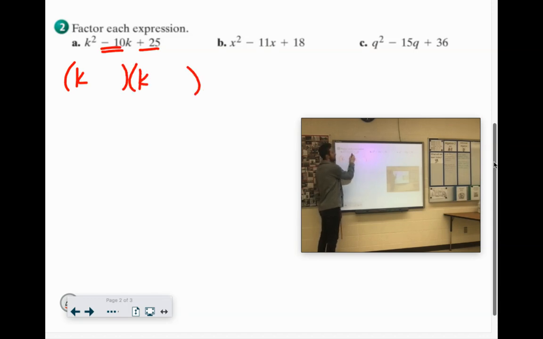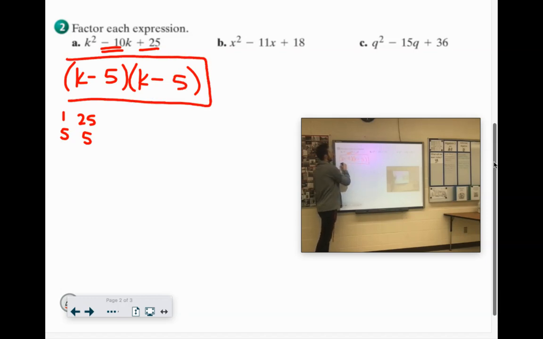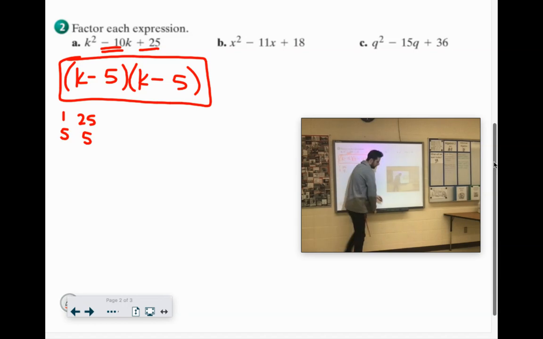But it adds up to a negative number, so that means they have to both be negative. So thinking of the factors of 25, you have 1 times 25, or 5 times 5. Which set adds up to 10? 5 and 5. That is a perfect answer.